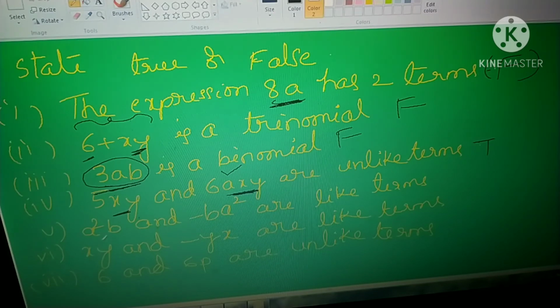Now see the next one, a square b and minus b a square are like terms. Observe once again, a square b. Here we have no numerical part, so leave that one. Here we have the sign minus, and a square b.